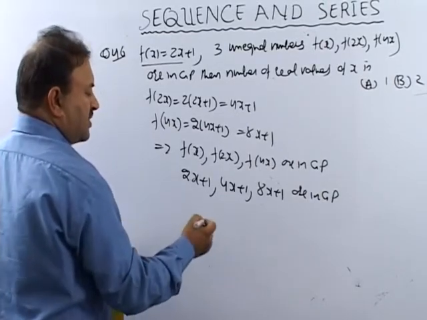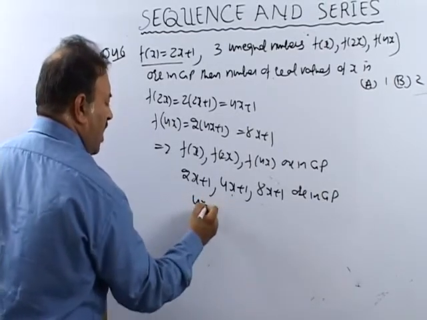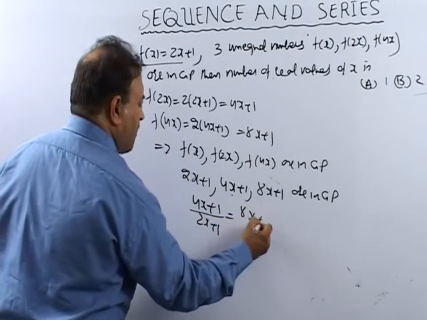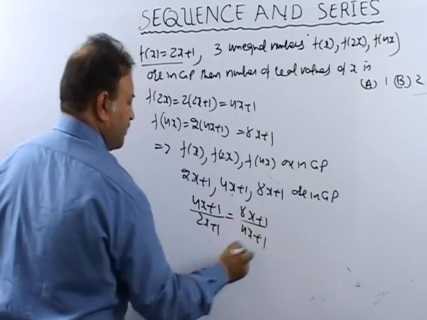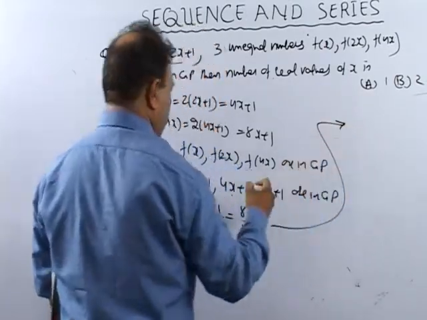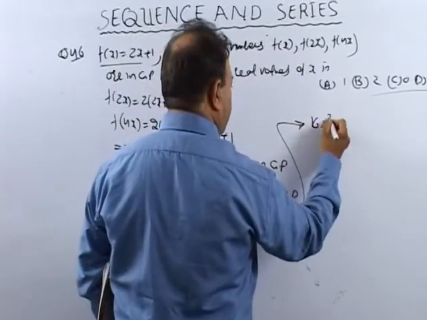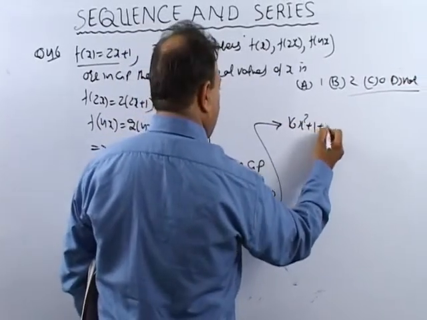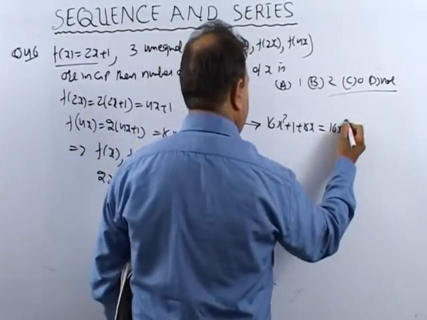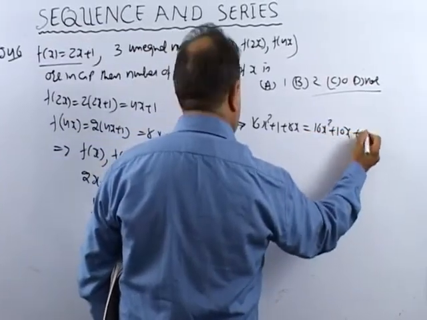If three numbers are in GP, we know second term upon first term is equal to third upon second. Now cross multiplying, we get 16x square plus 1 plus 8x equal to 16x square plus 10x plus 1.